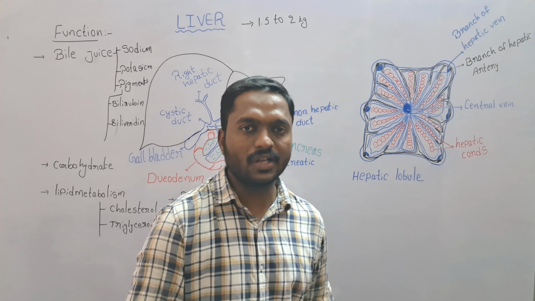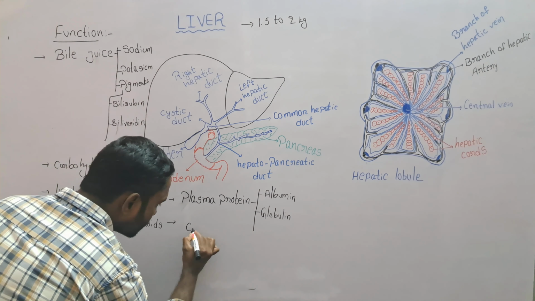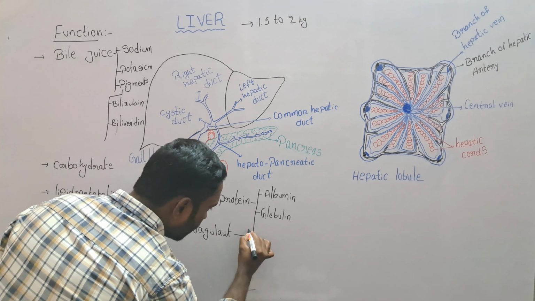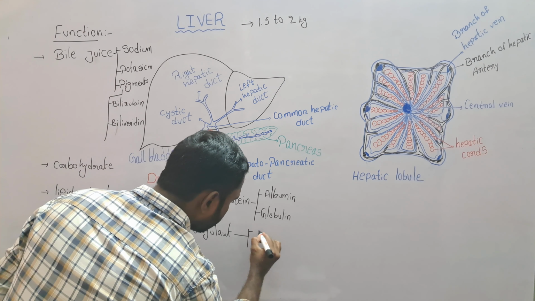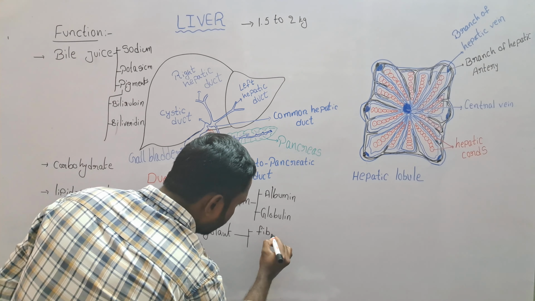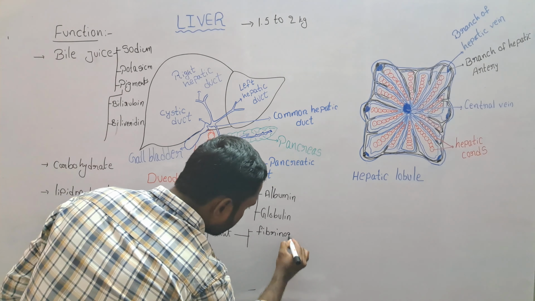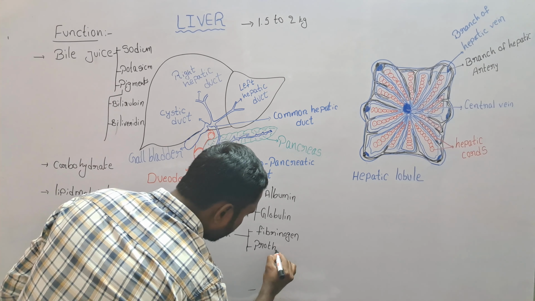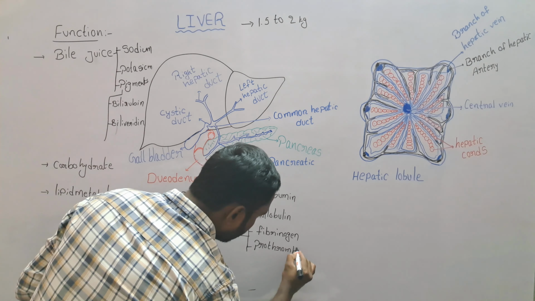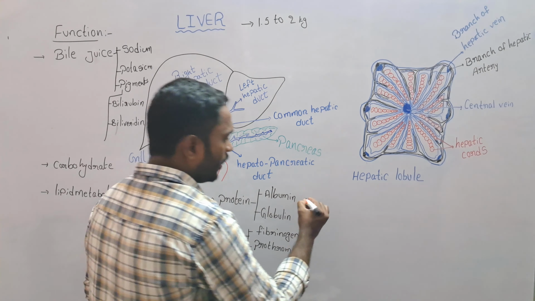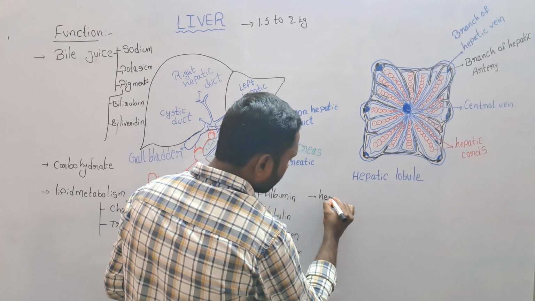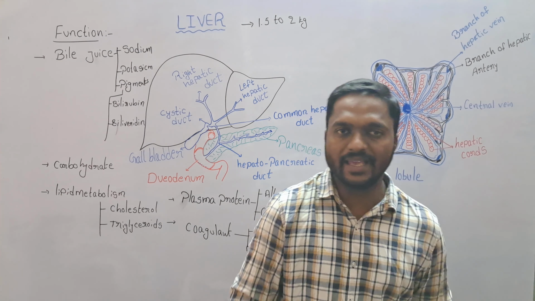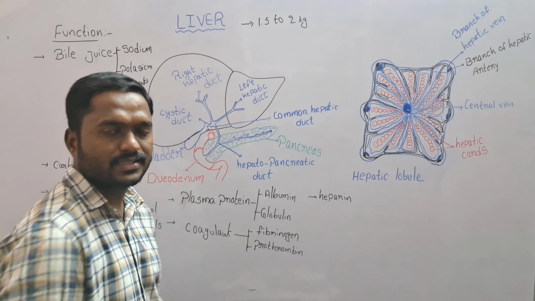It is involved in the formation of coagulation factors like fibrinogen and prothrombin. It is also able to form heparin. Heparin is an anticoagulant substance.